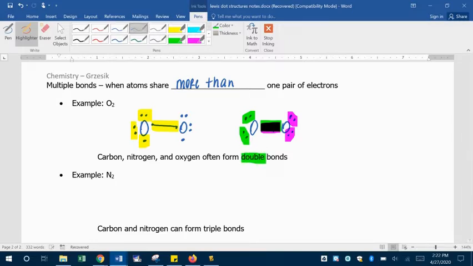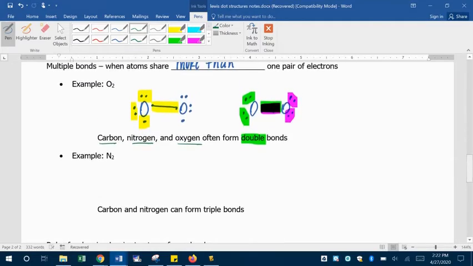As you can see, carbon, nitrogen, and oxygen often form double bonds in order to make a full octet. And then another type of multiple bond is a triple bond. Something that would do that would be nitrogen, because nitrogen has 5 valence electrons. Hopefully you can start to see here is our first bond.